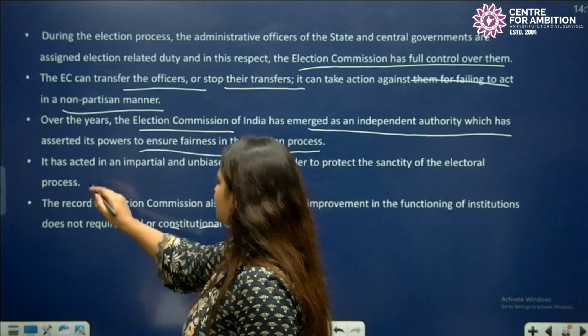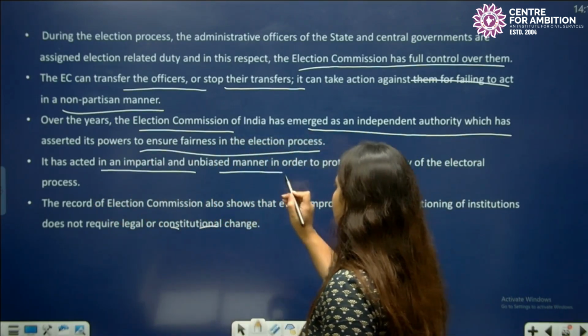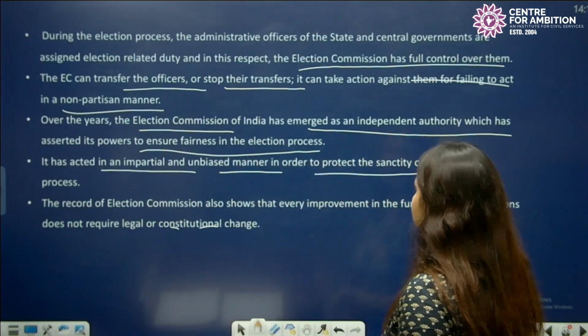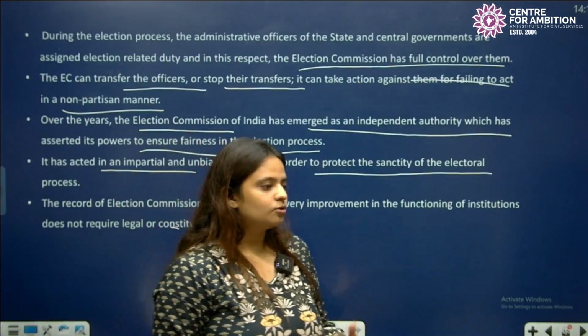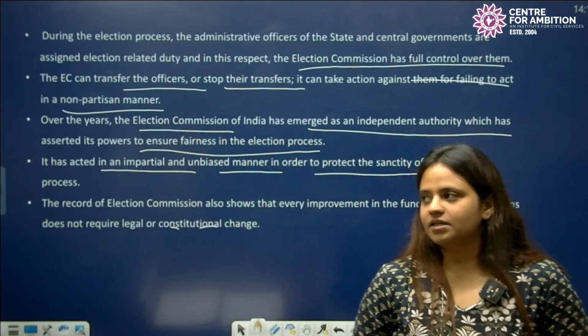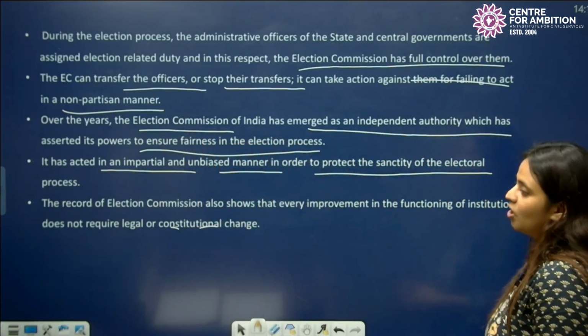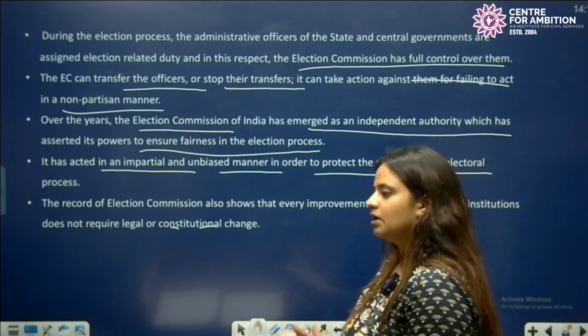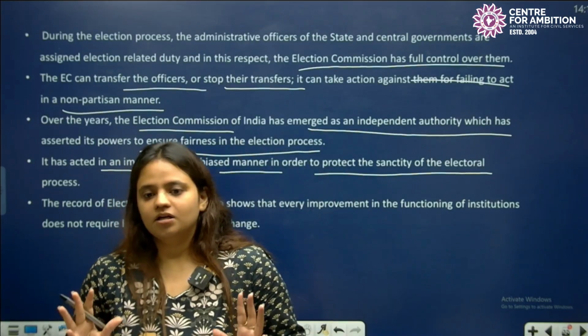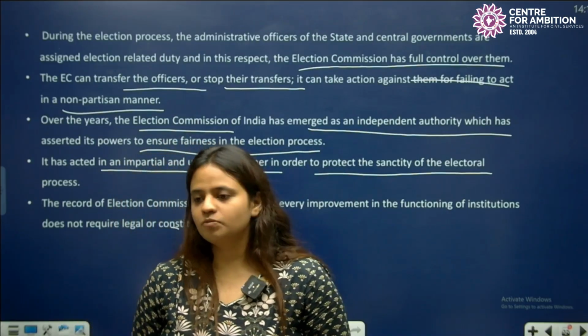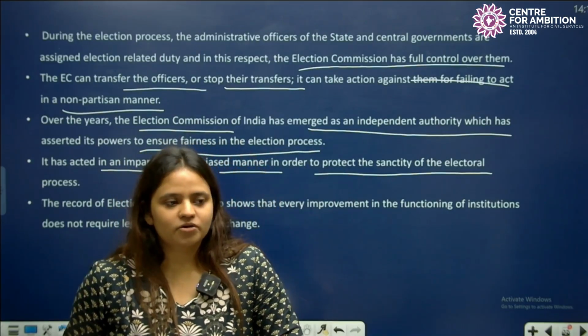It has acted in an impartial and unbiased manner in order to protect the sanctity of the electoral process. So, in case the election should be impartial, transparent, it has maintained the sanctity of the electoral process so that people believe in the election system of India, the trust in the democracy of India is not broken.